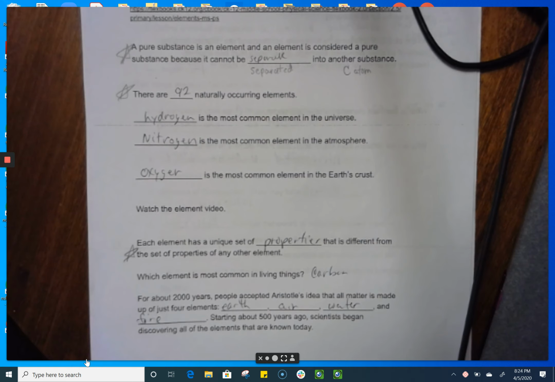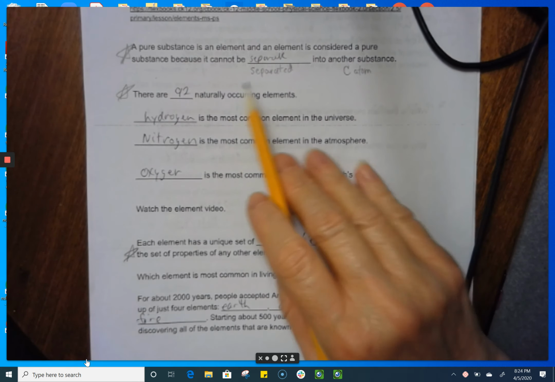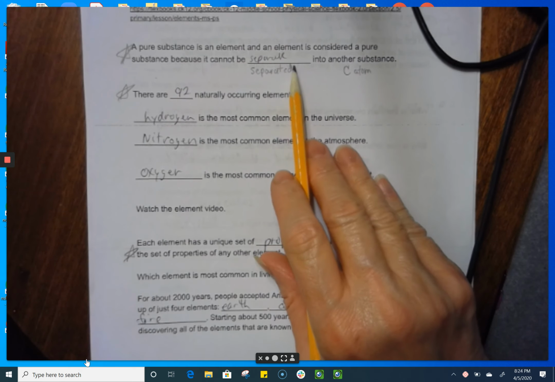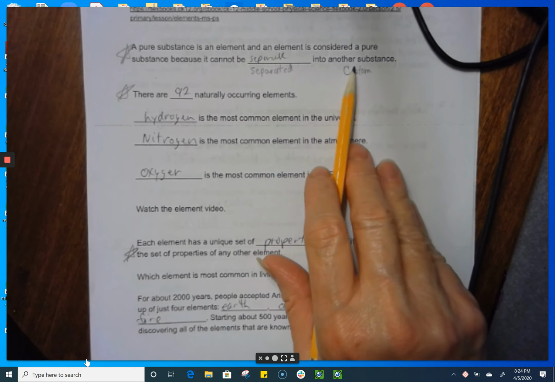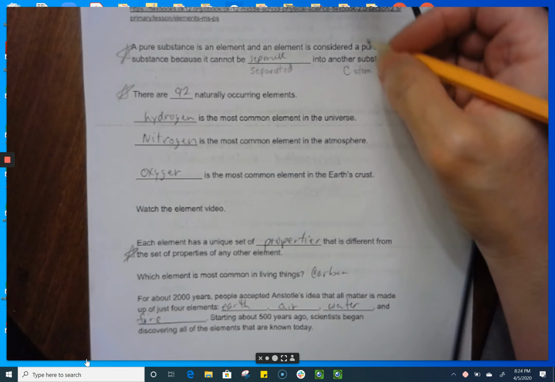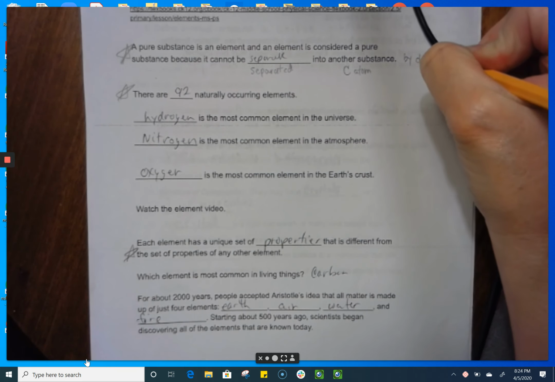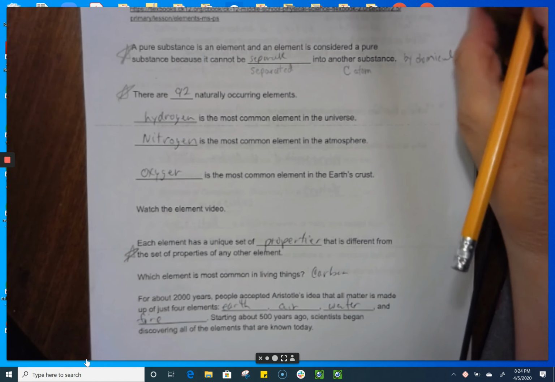When we're talking about chemistry, we're talking about chemical reactions. So you're not going to split an atom chemically. Here, an element cannot be broken down or separated into another substance, and this is basically by chemical means. It would take a nuclear reaction to do that.